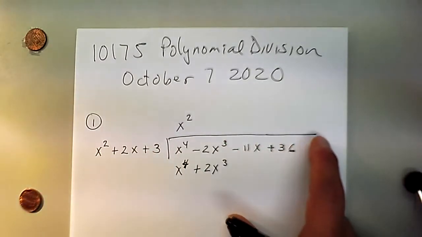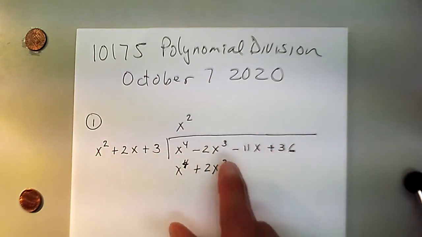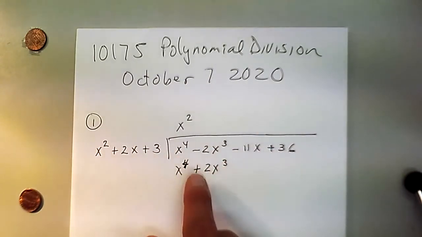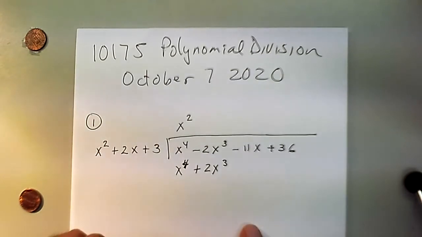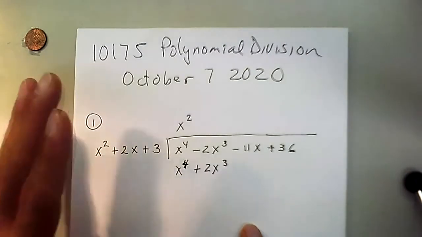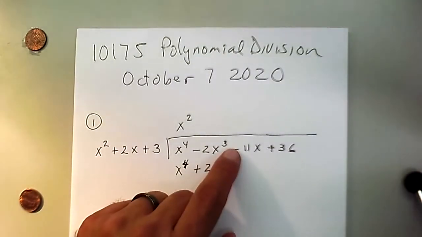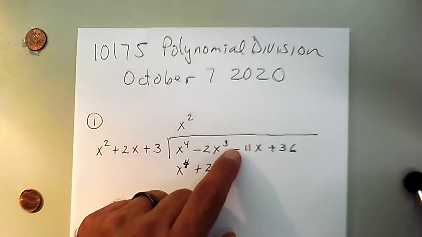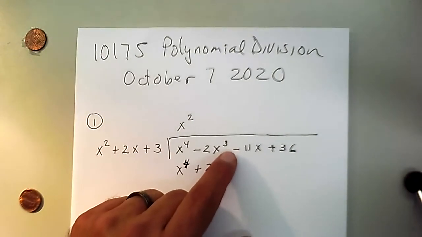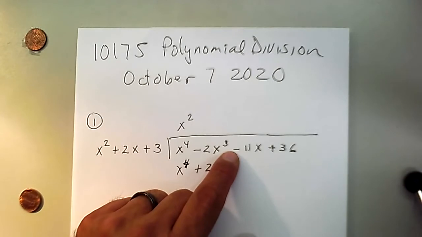And some of the problems in the homework are going to be like this. So pay close attention to that, because that can mess things up, especially once we start working with synthetic division. So right off the bat, I'm telling you, there's going to be problems in quizzes and tests where something like this is happening, where the x squared is missing.